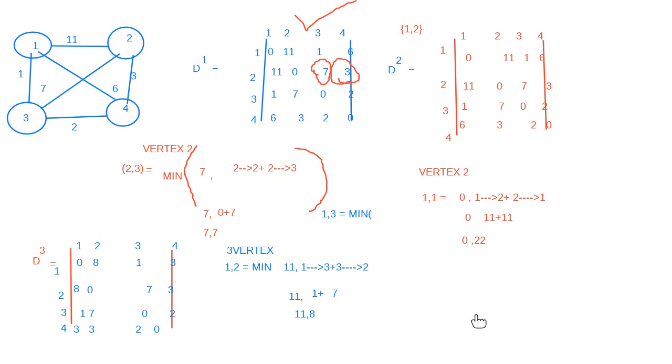1 comma 3 means that in the previous graph we will look. So in the previous graph, what is the value of 1 comma 3? The value of 1 comma 3 in the D2 graph is 1, so I have written 1 over here. Now what do I have to include? I have to include the vertex number 3. What is the meaning of this?